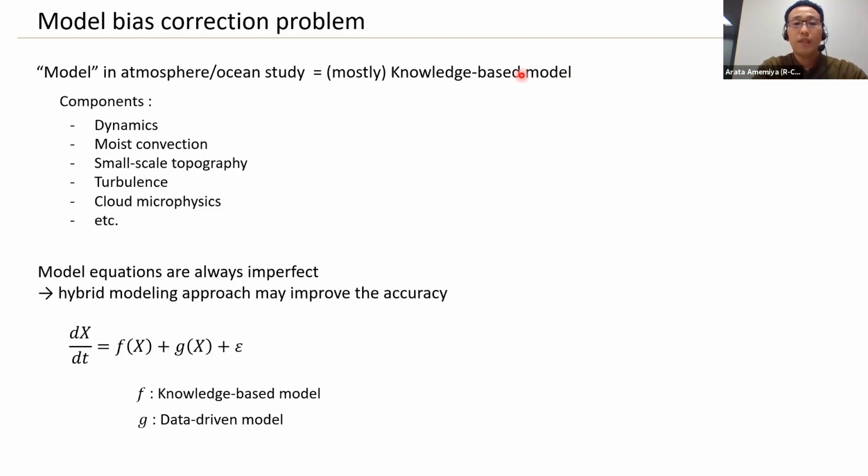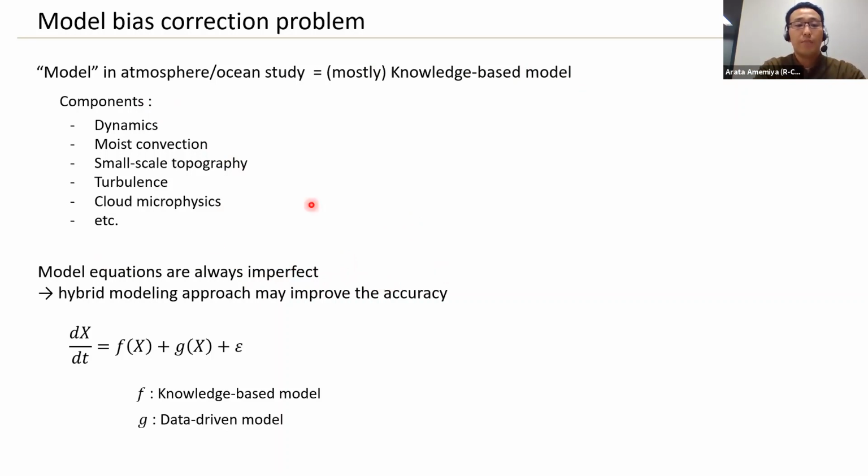A model consists of many components like dynamics, moist convection, or small-scale topography, etc. And each component has its own limitation in accuracy due to the finite grid size and limitation in understanding of the basic processes. So basically, model equations are always imperfect and have some systematic error.